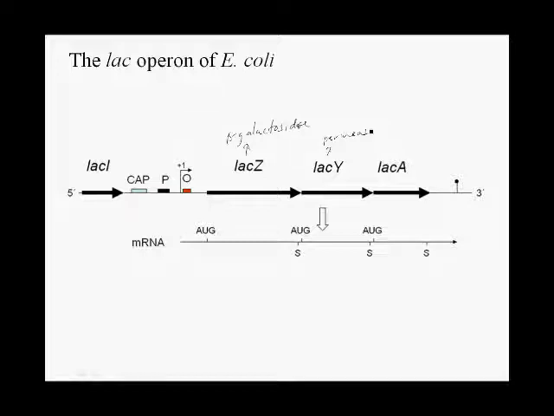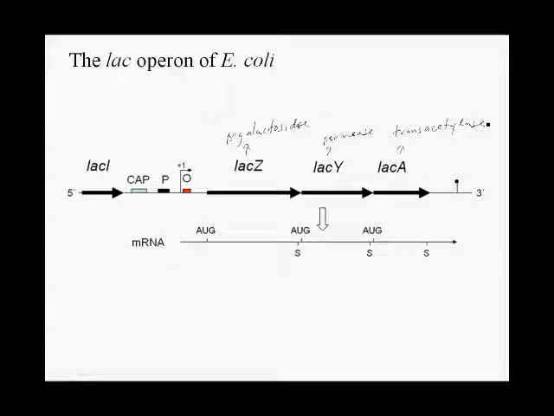So permease is a membrane protein that performs facilitated diffusion of lactose across the cell membrane. And Lac-A encodes a transacetylase, which modifies lactose when it gets into the cell.